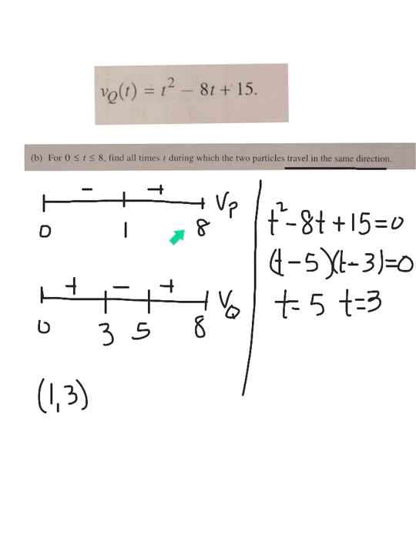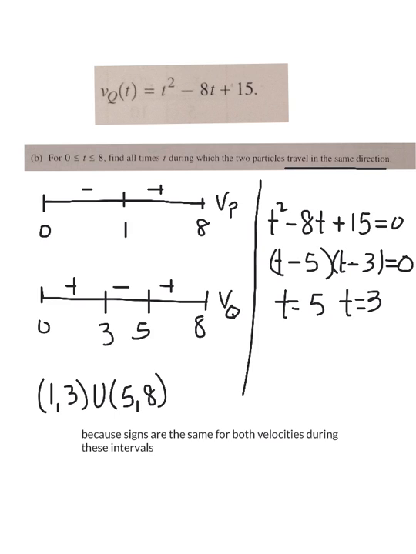And look, from 5 to 8, P is also positive. So there would be our next interval. So we're going to say between 1 and 3, or also from 5 to 8, because signs are the same for both velocities during these intervals.